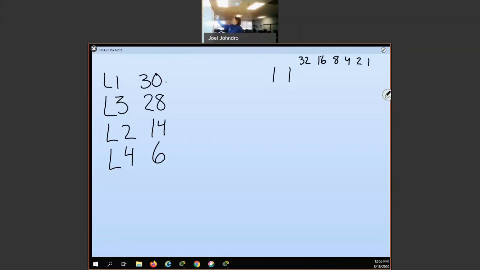And on our placeholder values, we have 1, 2, 4, 8, 16, and 32. So 32 is the number of hosts that we would need to accommodate 30 hosts in LAN 1. And the rest of these will be zeros.